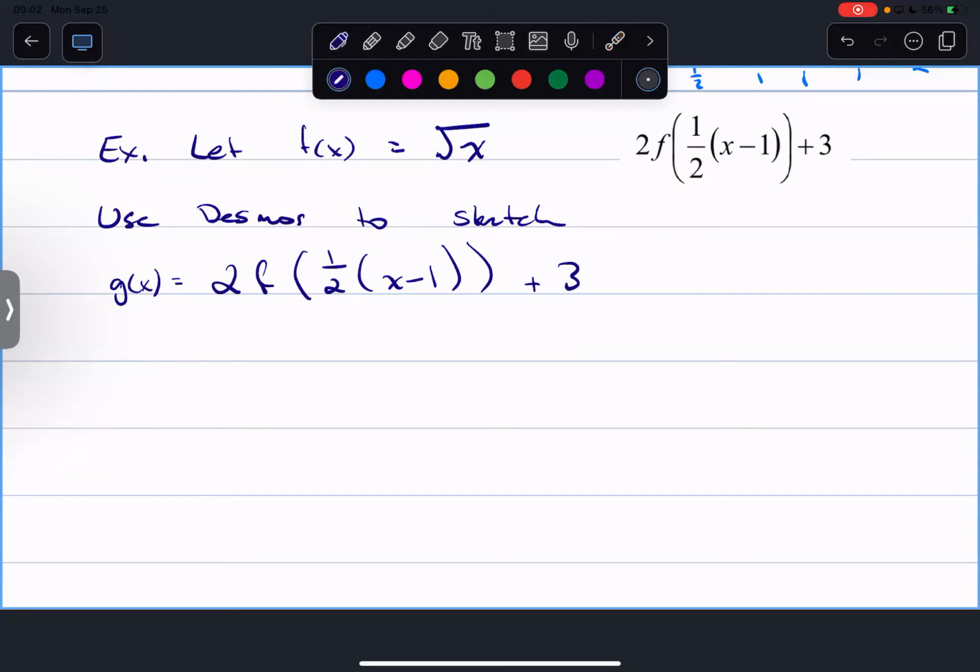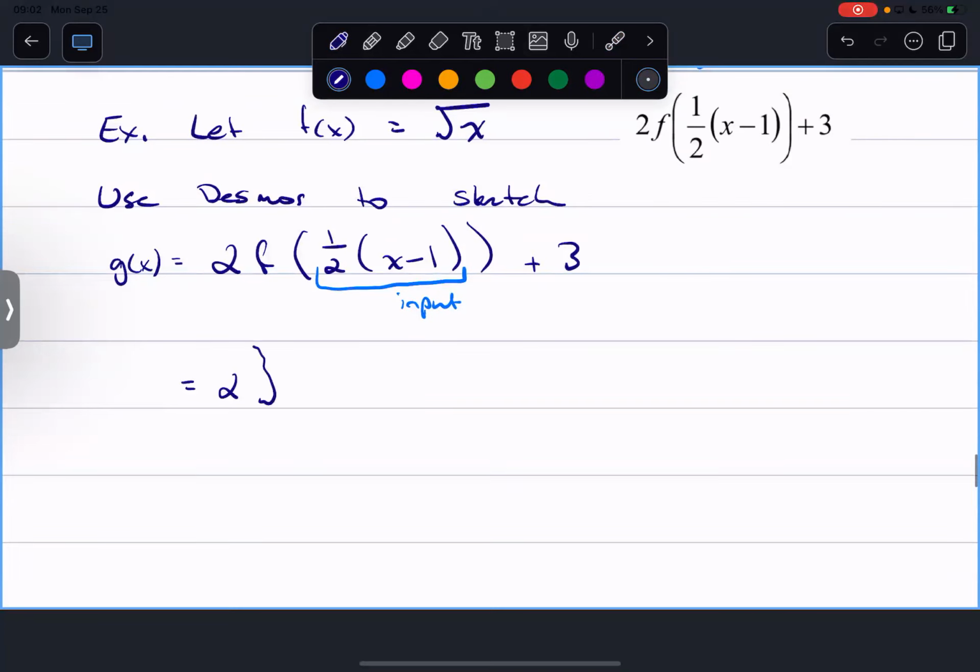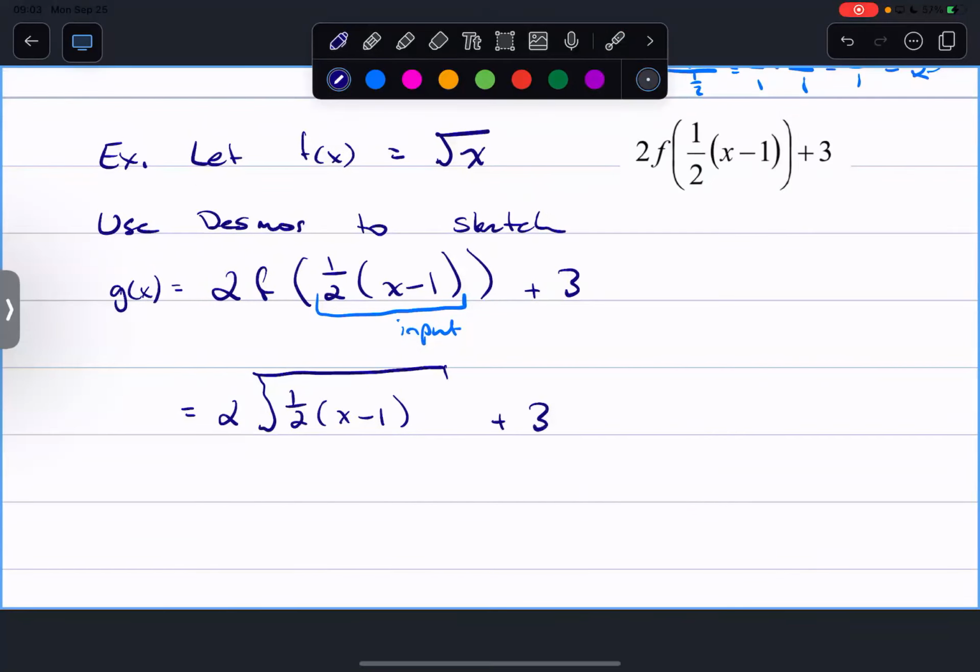So here, this is the input. So I get 2 times the root of 1/2 times x minus 1. Close the root there. Wherever you see an x in the function, you're going to replace it with 1/2 times x minus 1. Okay, we did that. And then we're going to multiply that by 2. We did that. And the only thing that's left is plus 3.